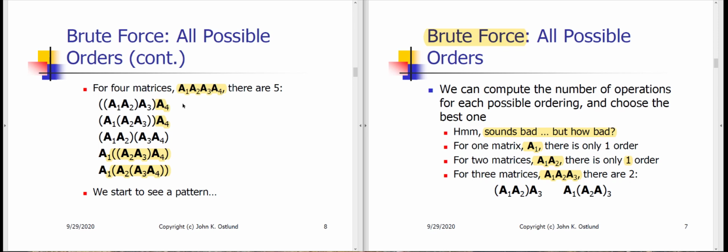And so now that we've fleshed this out to 4 matrices, we can really see a pattern emerging here, because each time we add another matrix, we're going to have one more case of all of the preceding possibilities with the new matrix stuck on the end, plus one more case of all of the preceding matrices with the new matrix included and the first matrix stuck on the beginning.